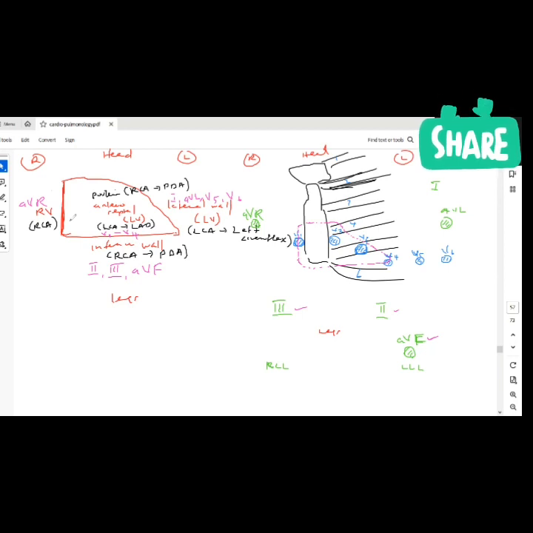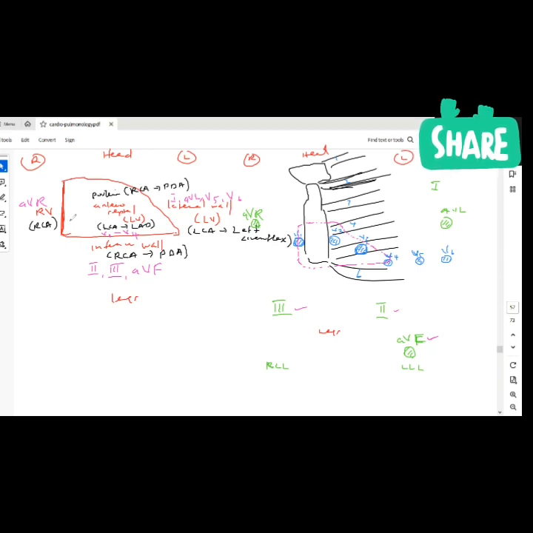And which leads do you think are looking at the posterior wall? Maybe V1, V2. But are they looking at the posterior wall directly? No, right? Remember, they are looking at the anterior wall directly.